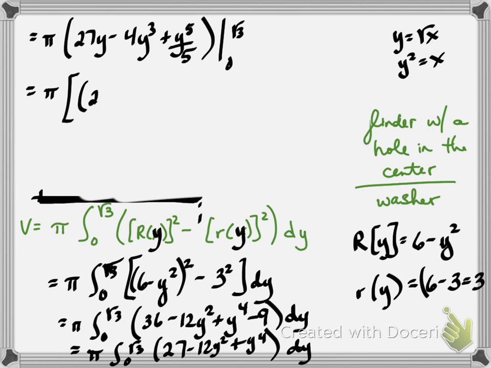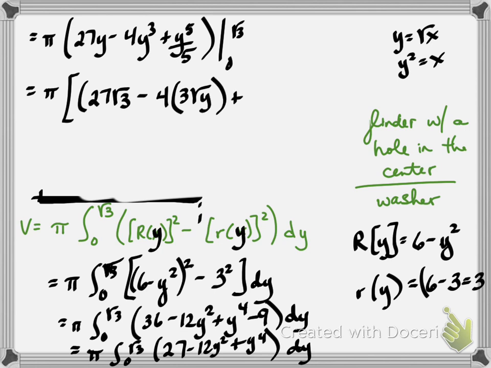So plug in square root of 3 and we get 27 square root of 3 minus 4 times square root of 3 cubed. That frees one of the square root of 3's, a square root of 3 times one of the square root of 3's gives us a normal 3, but we still have a 3 under the root.